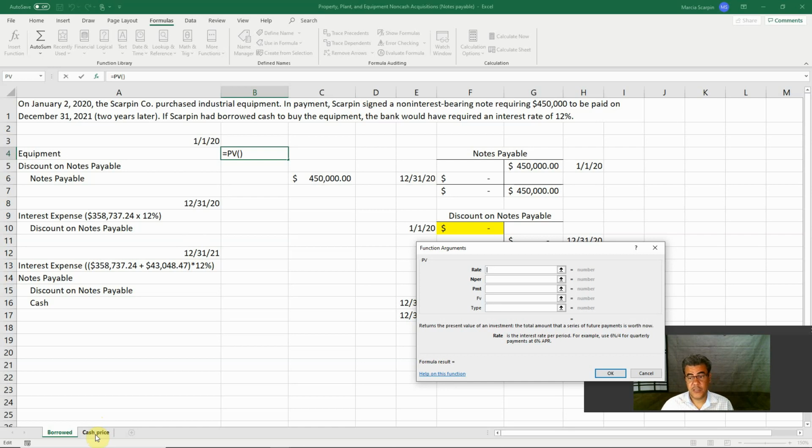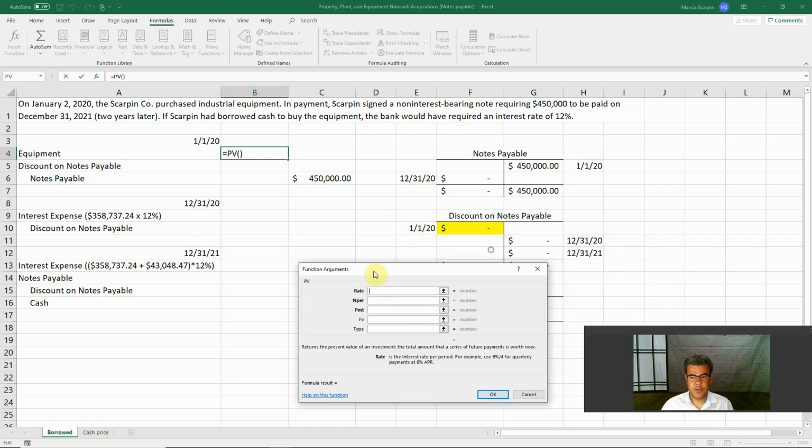second sheet here. So our rate 12%. Number of periods 2. PMT, our monthly payments or annual payments, nothing. Future value, our payment at the end of our contract, negative 450. Why negative?